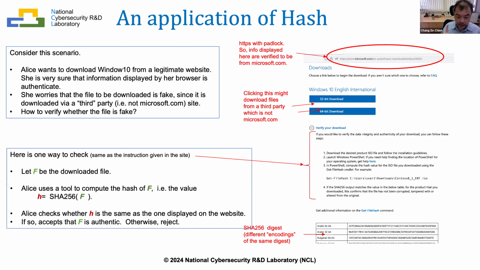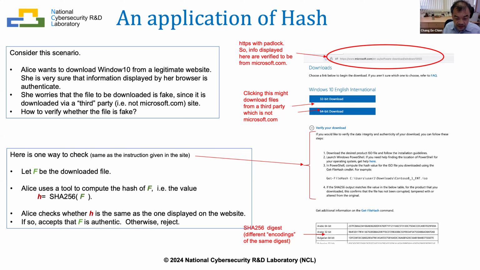Now download a tool, described here, to compute the hash of F. Let's say that Alice has downloaded these tools and computes the SHA-256 hash. So the hash is some 256-bit string. Let's call it H.